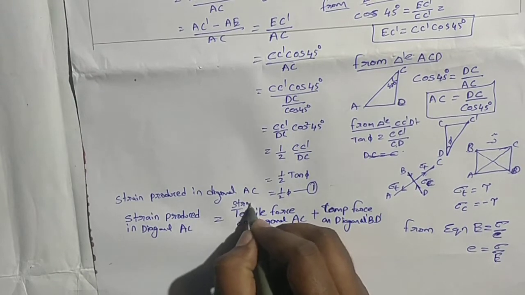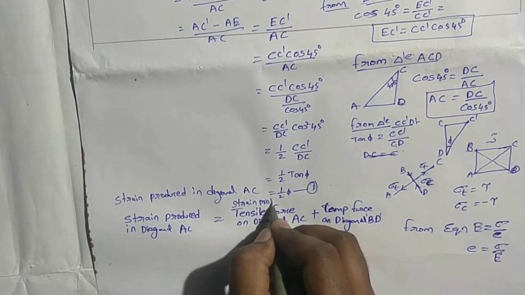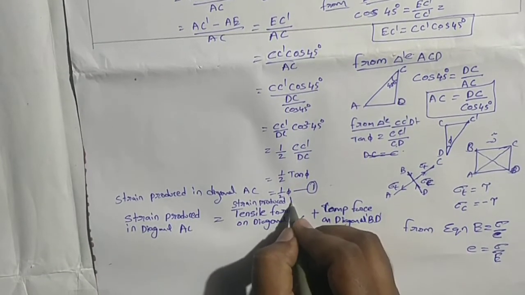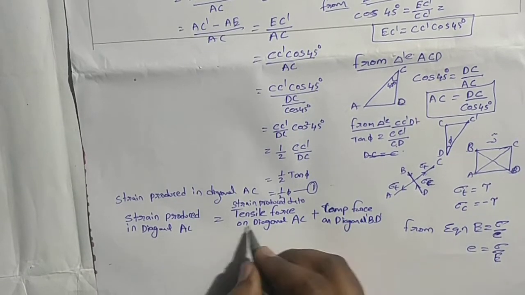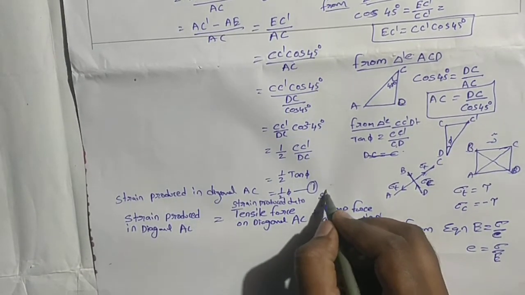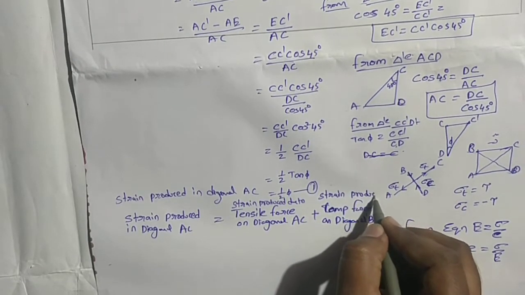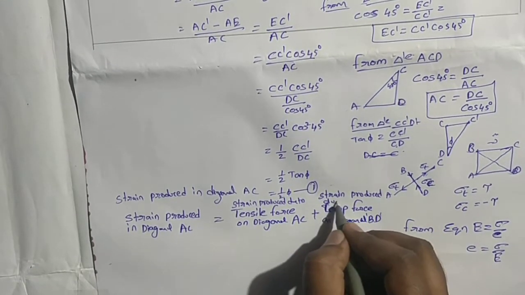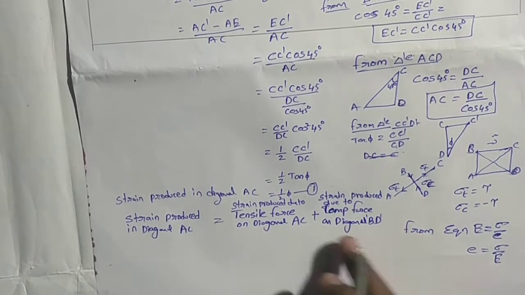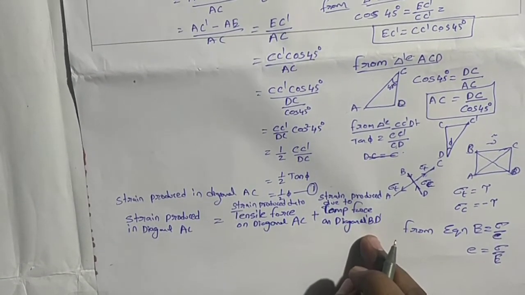Here it can be written as strain produced due to tensile force on diagonal AC. Similarly, strain produced due to compressive force on diagonal BD.